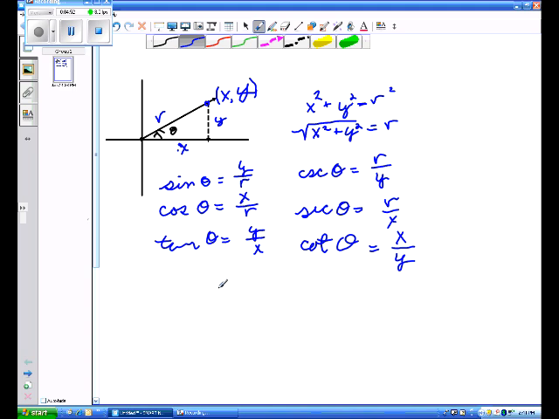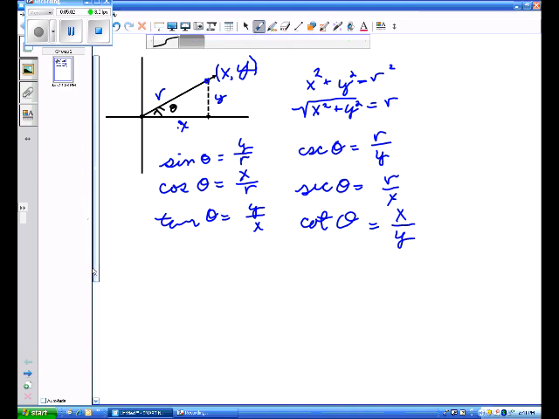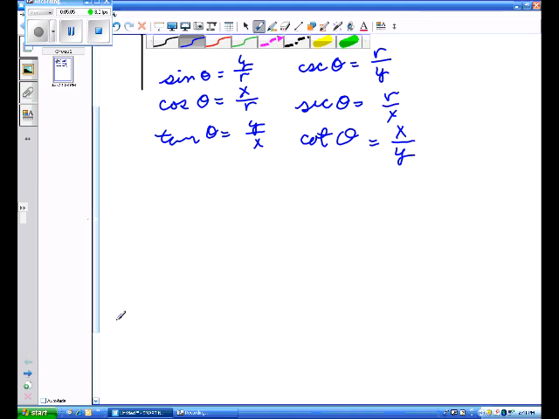But you do need to know your 6 trigonometric functions and how you go about defining them based upon a point. Now what we want to look at next is how we use a point to find these 6 functions. So we want to find our 6 functions of an angle that is in standard position. So let's draw an angle in standard position.